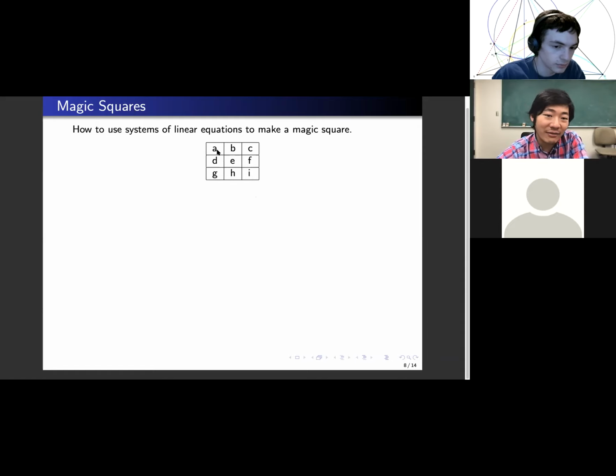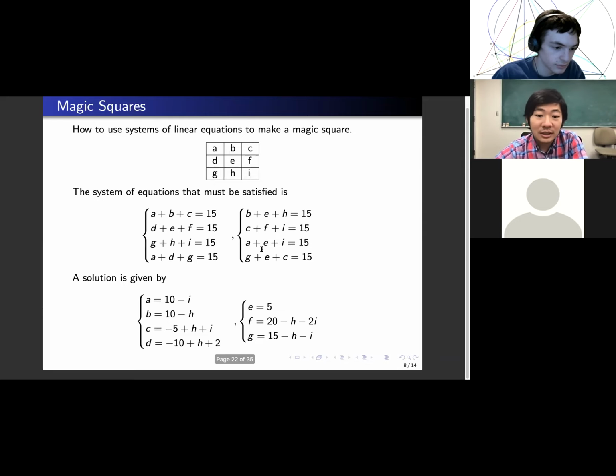So we would have a plus b plus c is equal to 15. We would have d plus e plus f is 15, g plus h plus i is 15, and then do the same thing for the columns and the diagonals. So the system of linear equations that must be satisfied has 8 equations and 9 unknowns.